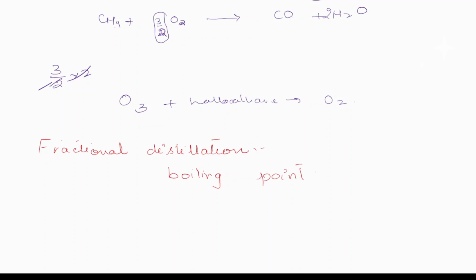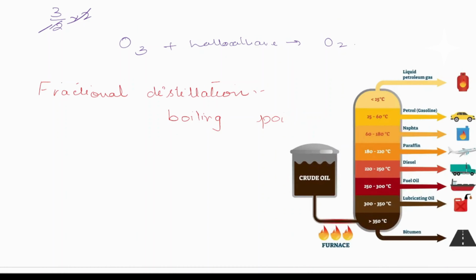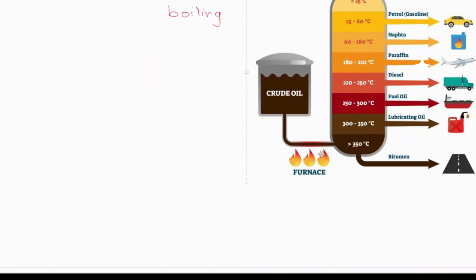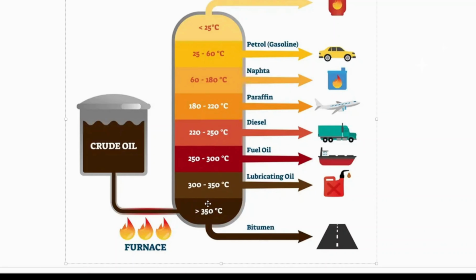Let me show you. Okay, let's do this. Let's copy this. I guess this image is quite clear. Okay. So we heat the crude oil. And then we have different chambers.